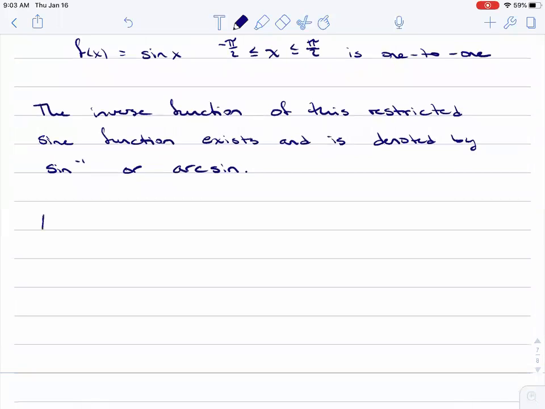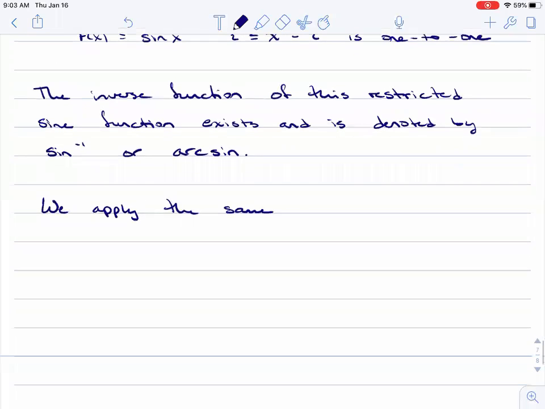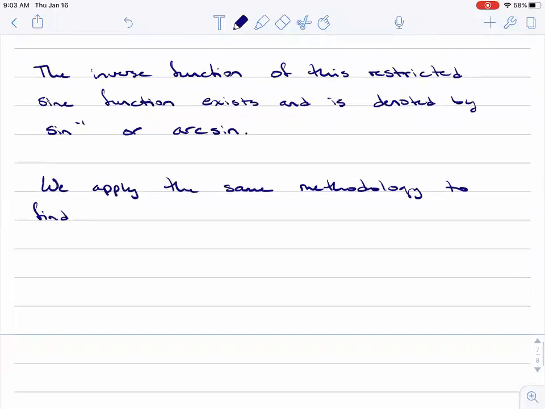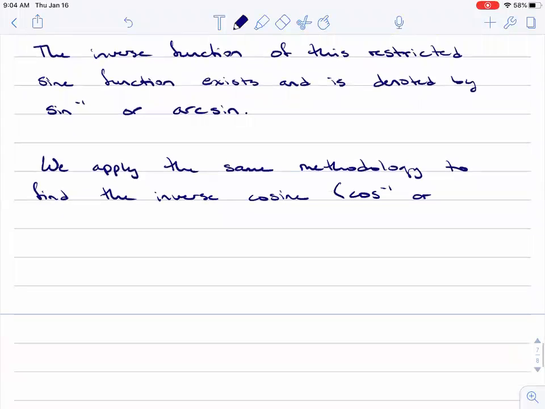We apply the same methodology to find the inverse cosine, which we denote much in the same way, cos to the -1 or arc cos.